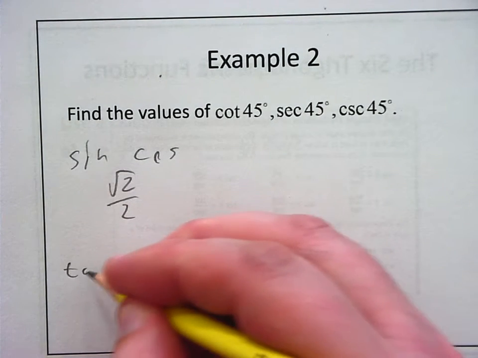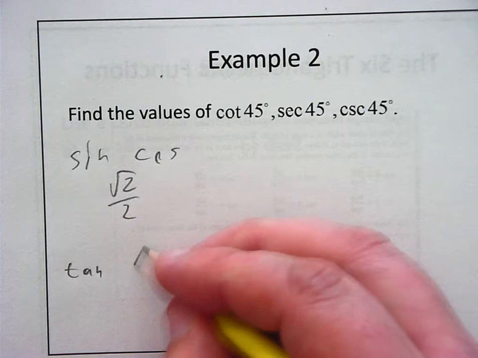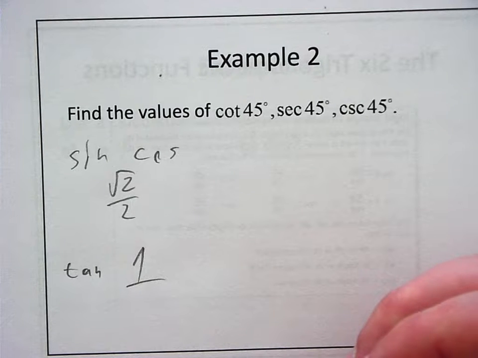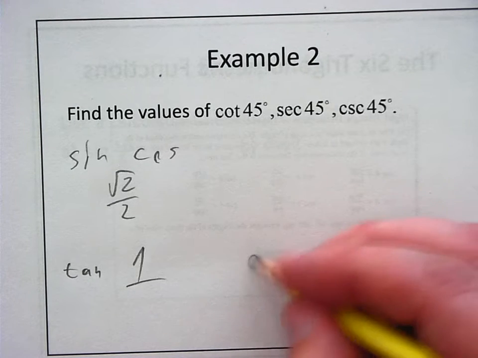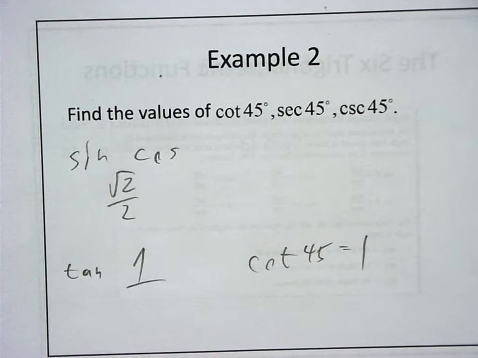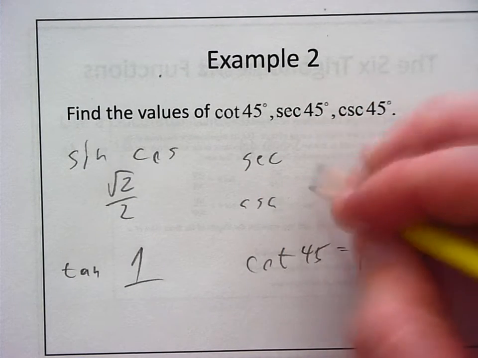Tangent then, since those are the same, and tangent is just sine divided by cosine, what's tangent? 1. Cotangent 45 degrees is still 1. Secant and cosecant then are also going to be the same. What are those going to be?